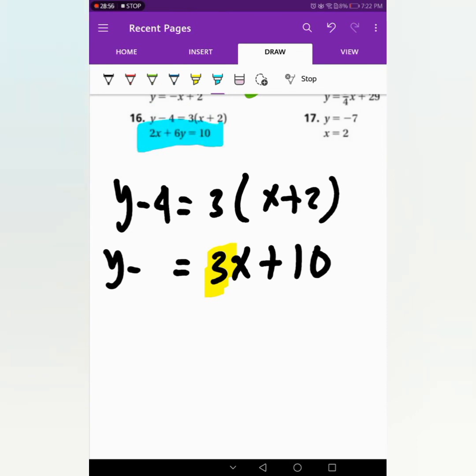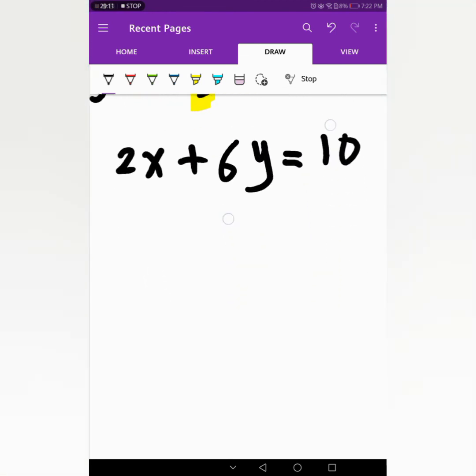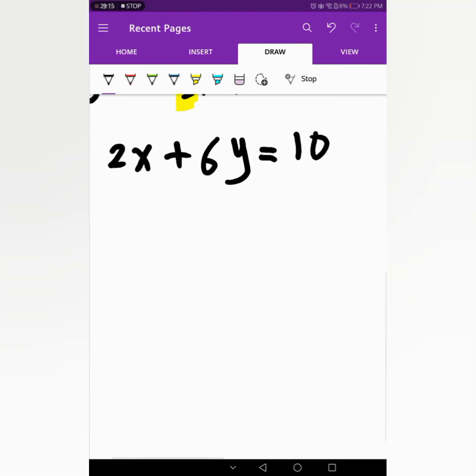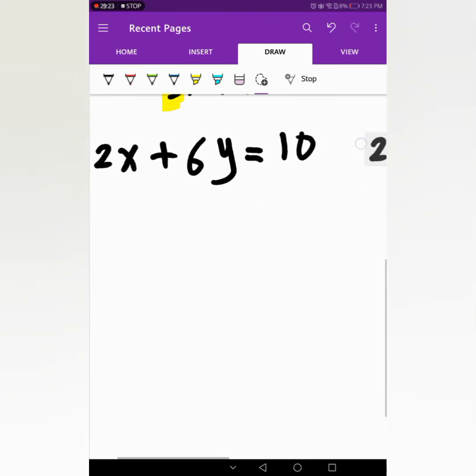Here the next equation. It is 2x plus 6y equals 10. I try to make the y alone. So the first step, I move the 2x from here to here.